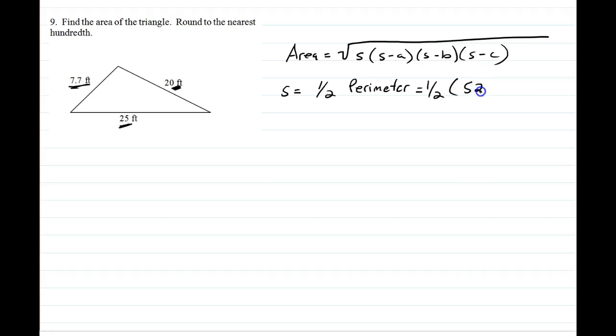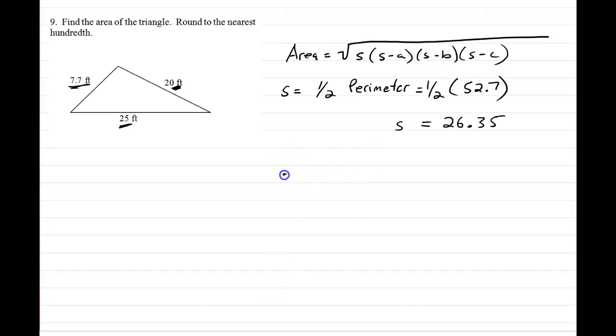So we get 52.7, and then half of 52.7 is 26.35. So we don't want to round this yet because we need that 26.35 to repeat here every time we have an s. If we round, our answer is going to be off a little bit.